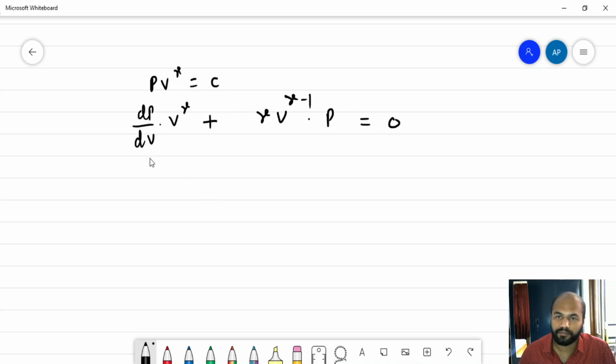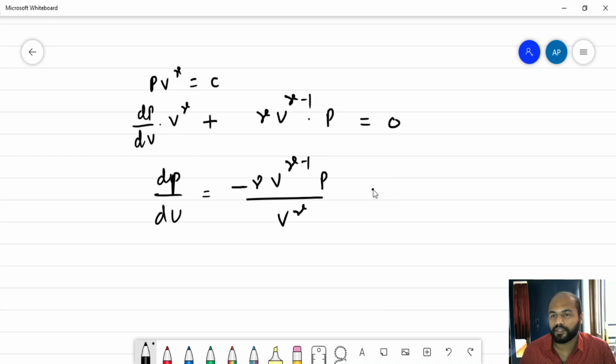That's what we get. So now let us see dP by dV, what relation we get. So that is going to be minus gamma times V raised to gamma minus 1 P by V raised to gamma, which can further be written as minus gamma times P by V. So this is the slope of an adiabatic process PV curve.